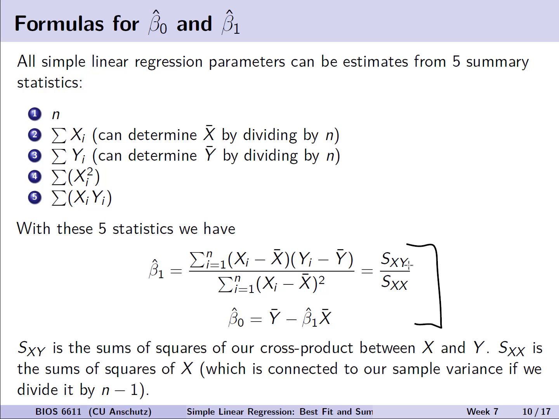Now, once we've solved for beta hat 1, beta naught hat has a relatively easy formula, where we just take the mean of y minus beta hat 1 times the mean of x. So in theory, if you were given these summary statistics, you could calculate the fitted regression model with just these 5 terms of interest.